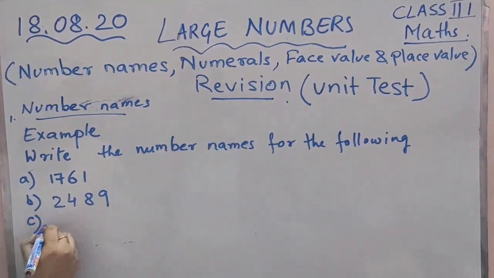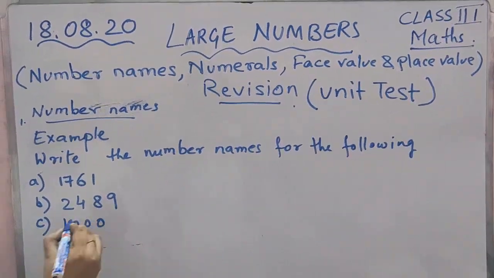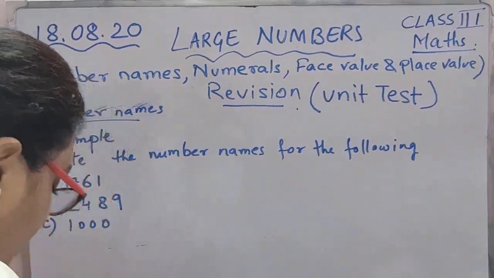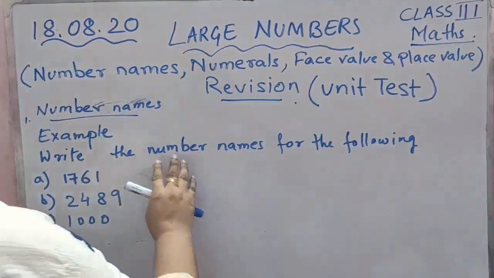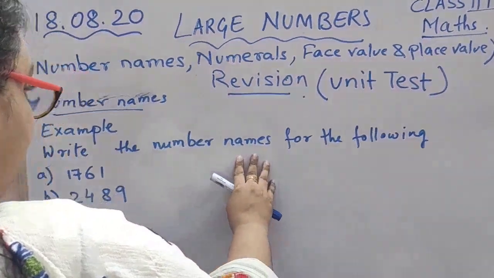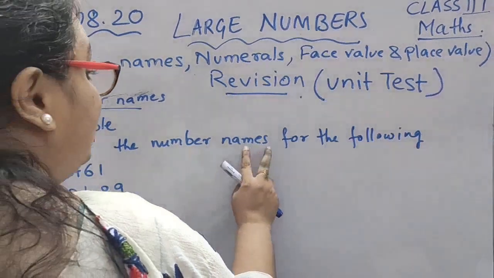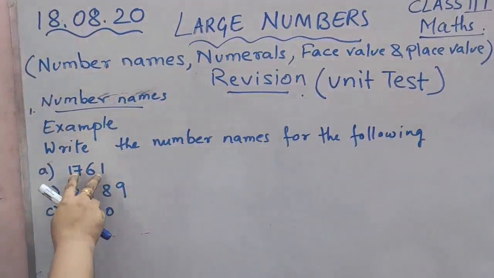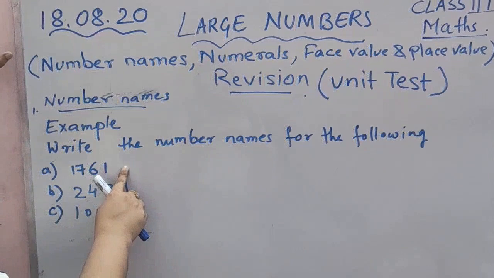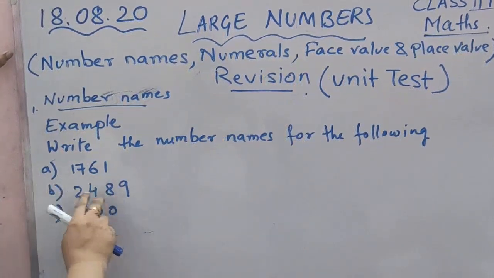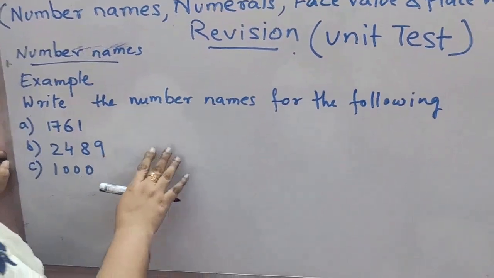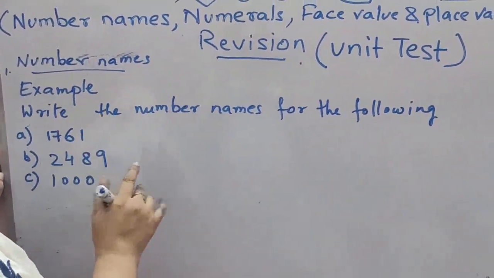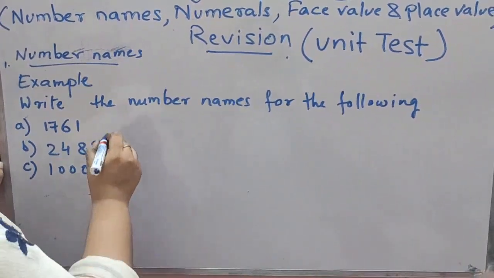Okay. So what you have to do when you have to write the number names. Okay, as you can see, it's the number names. So you have to write in words. Okay. This is the numeral and you have to write in words. And when you are writing the number names, you need to be very careful with the spellings. Okay?